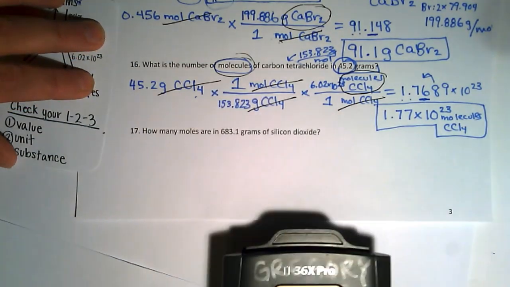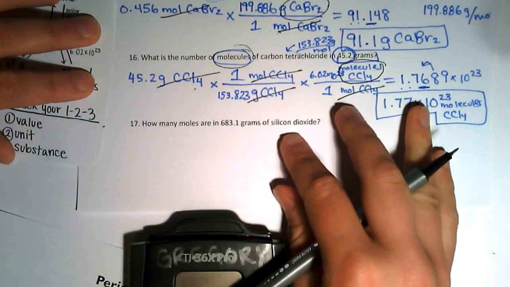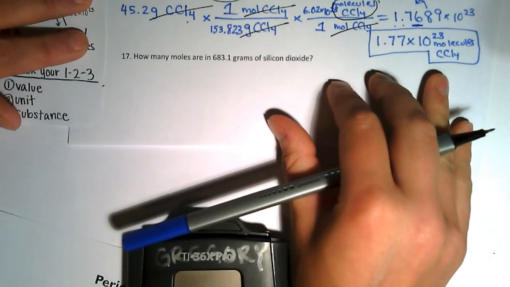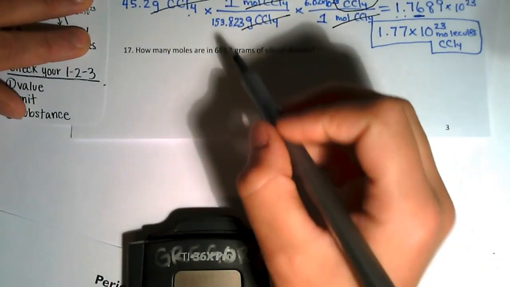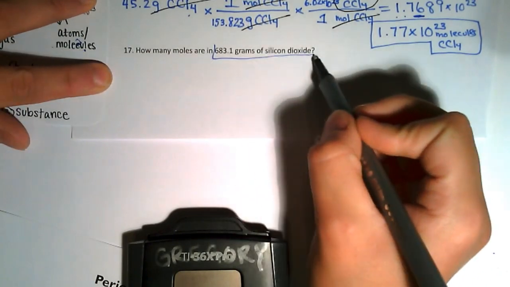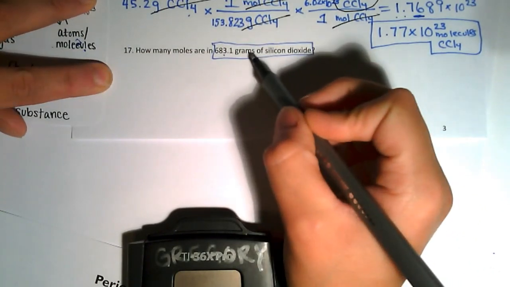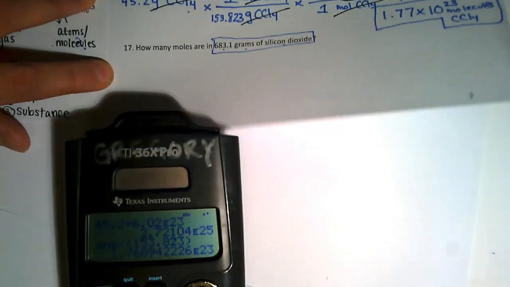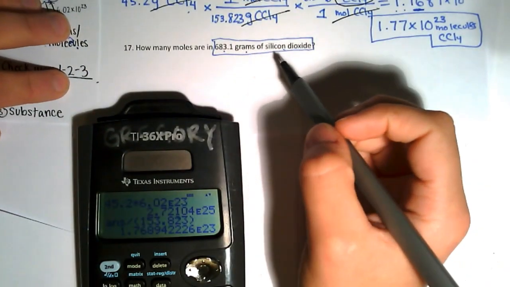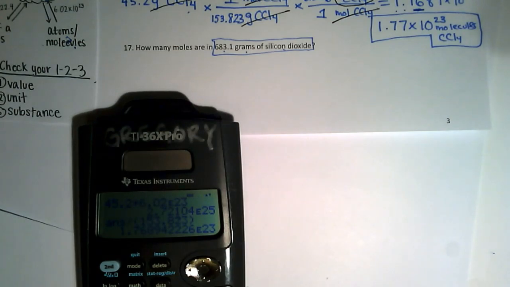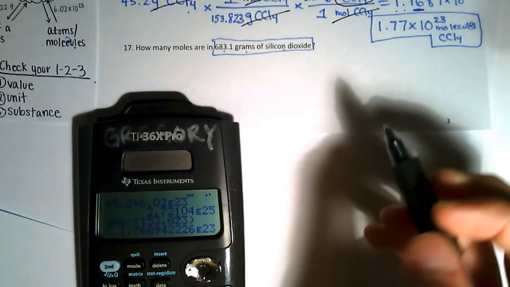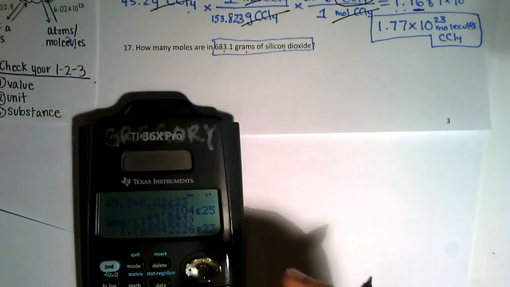Alright, on to the very last problem. How many moles are in 683.1 grams of silicon dioxide? So here's our starting value, unit, and substance. And we're also going to need to figure out the molar mass of silicon dioxide. I'm going to do this last problem in black because I'm starting to have my writing run all over the place.